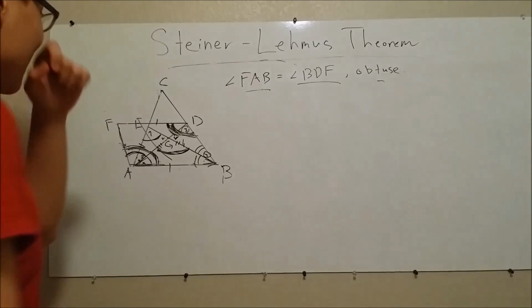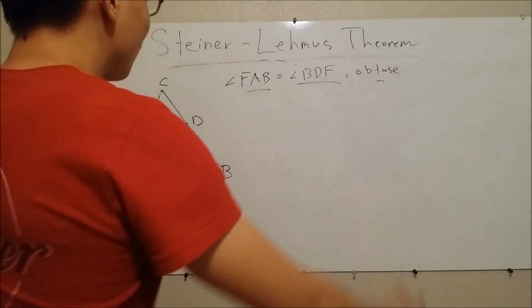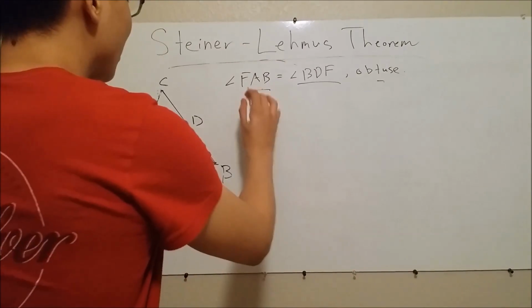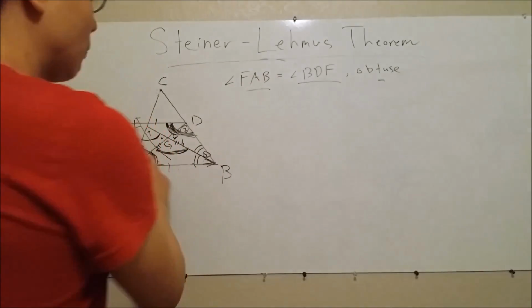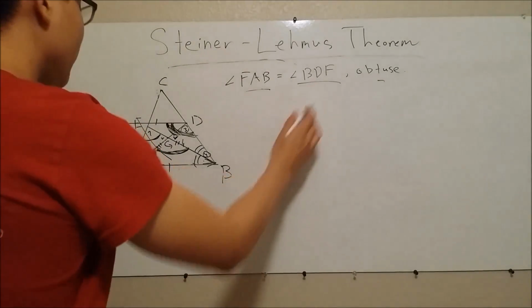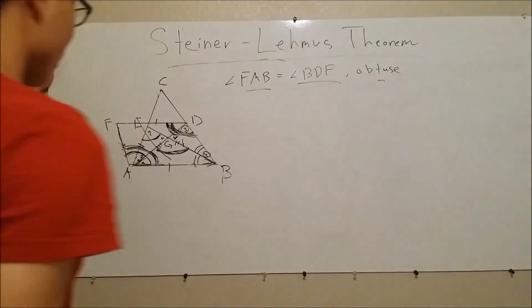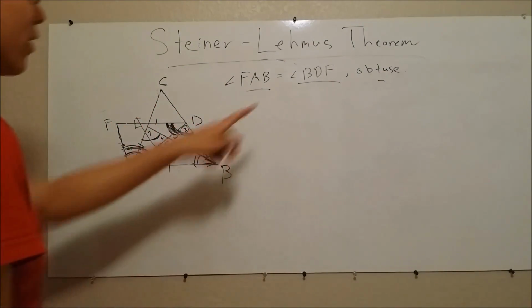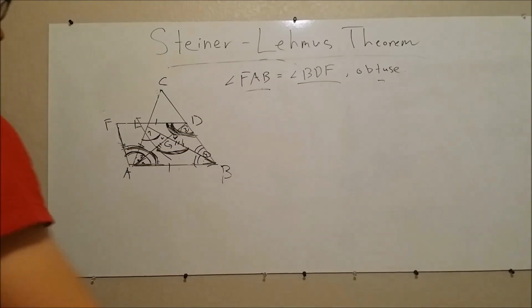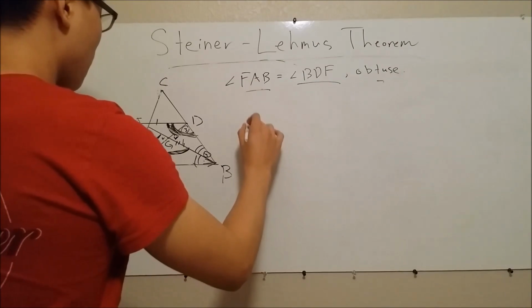Alright, so we have two facts. We have angle FAB, this angle right here, is equal to angle BDF, this angle right here. And they are indeed obtuse. But this is all we're going to need to finish our proof, and I'll show you how.